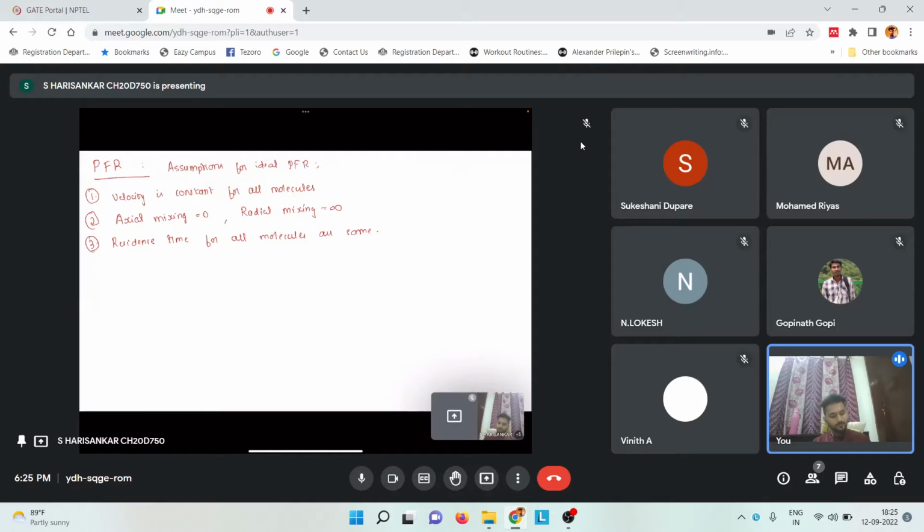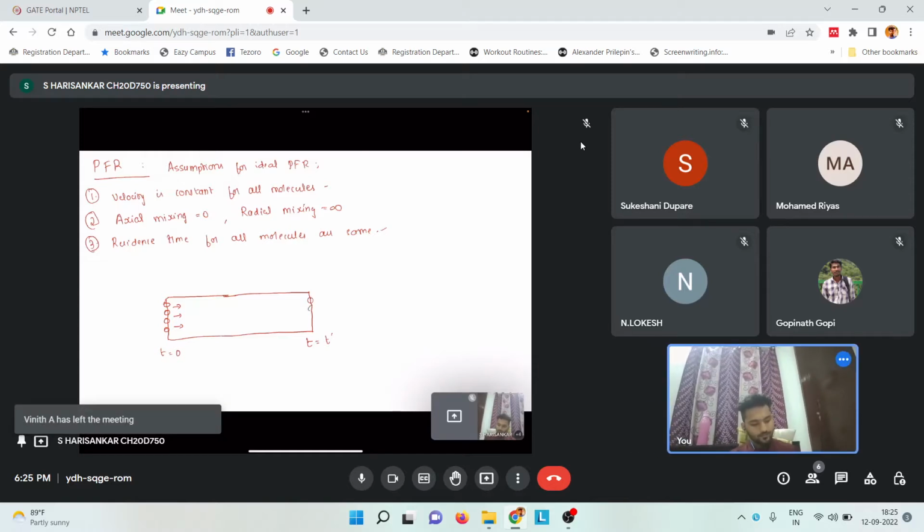A PFR is basically a tubular reactor, usually represented like this, like a tube. The first and third assumptions imply almost the same thing. Let's say these four molecules enter the PFR at time t equal to 0. Then at some arbitrary time t dash, all four molecules will be exiting the PFR.